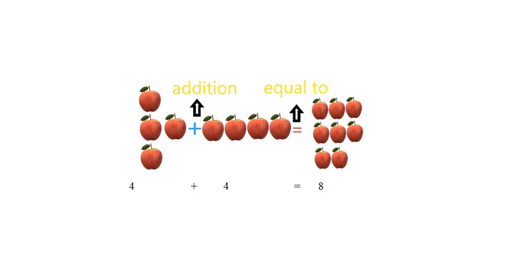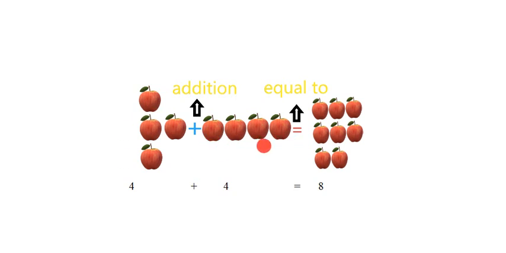If you have, let's count them individually, one, two, three, four, these are four apples, plus how many apples are these? One, two, three, four. These are also four apples.